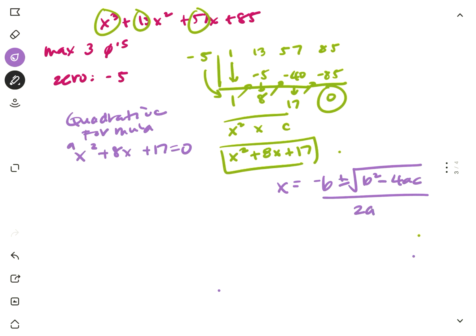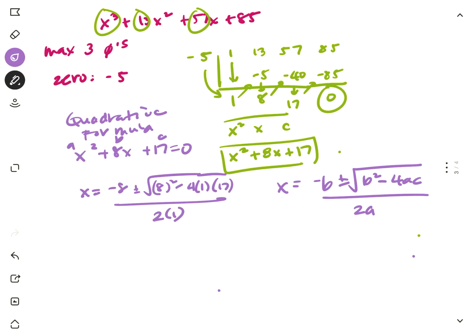I'm just going to plug it in. So a is 1, b is 8, and c is 17. Let's put it all together. -8 plus or minus the square root of 8 squared minus 4 times 1 times 17, over 2 times a, which is 1.